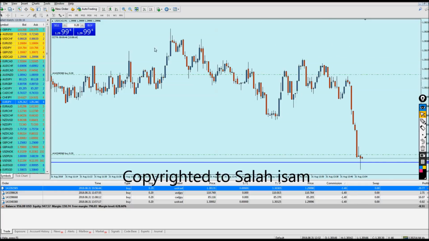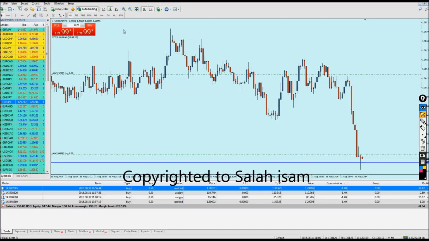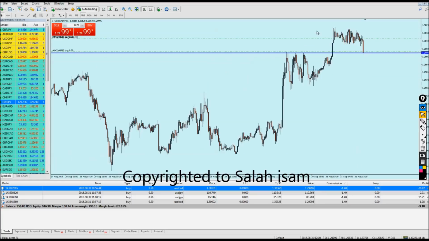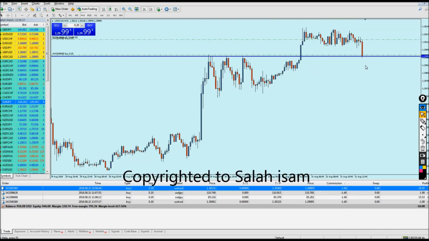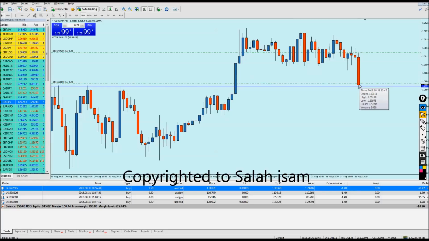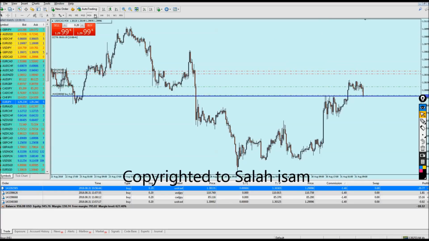Even the pin bar on the 1 minute chart, it's looking promising somehow. I think I will keep this trade running, and let's see what is going to happen. So far I like the rejection. The candle now has been rejected here, and there is a possibility of a reversal. If there is no reversal happening, then we have to close the trade with a loss, and hopefully we can recover from other trades later.